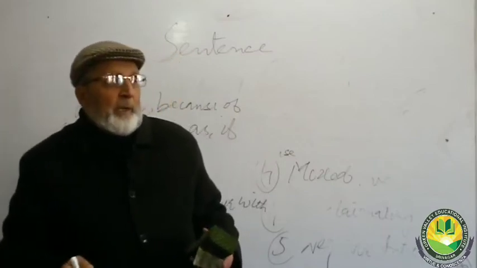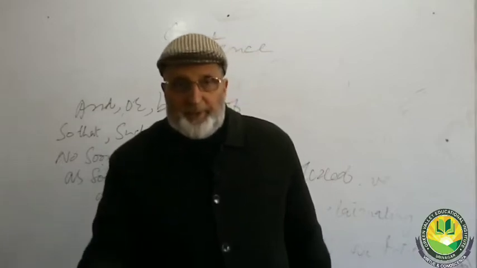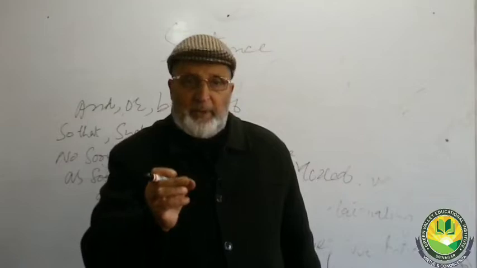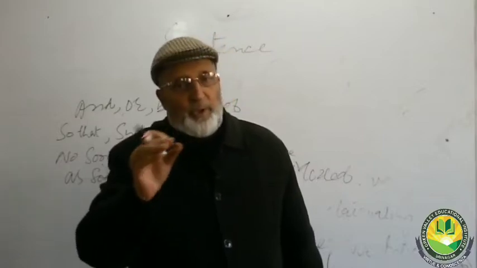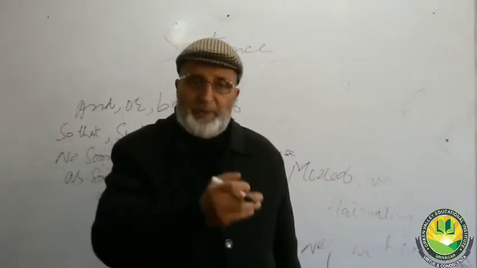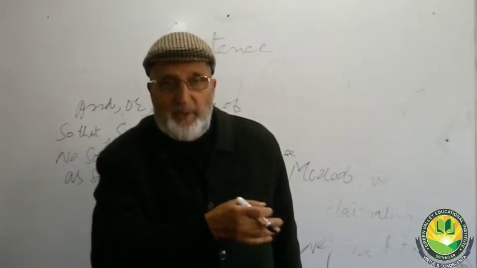Or, he fell ill because of overeating. Because of is a compound conjunction joining the second clause with the first one, or coordinating the second verb with the principal clause.